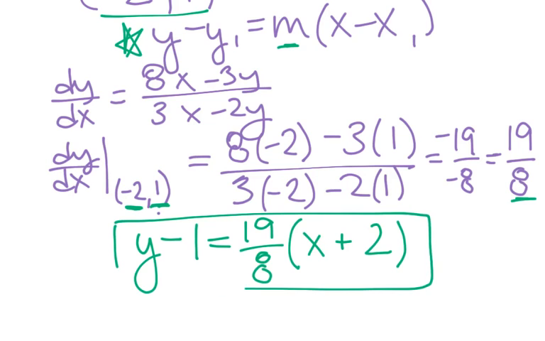So my final equation: y minus 1 equals 19 over 8 times the quantity x plus 2. So that is the answer to B, the equation of the tangent line to the curve at (-2, 1).